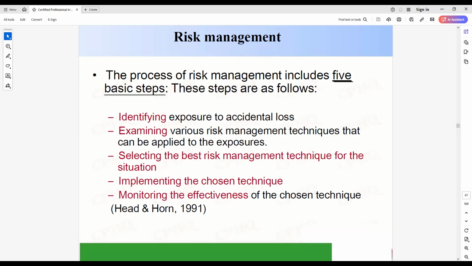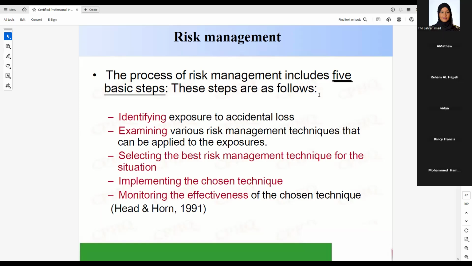Can you hear me? Okay. Yes, we can hear you. Do you mean whether we need to either prevent, accept, or eliminate? Exactly. These are the risk management techniques. Yeah, avoidance and retention. So, for example, if we are in a hospital, can we fully eliminate the risk of fire?